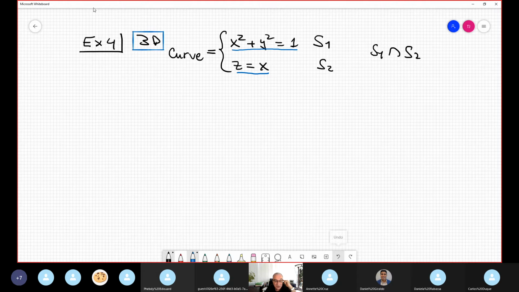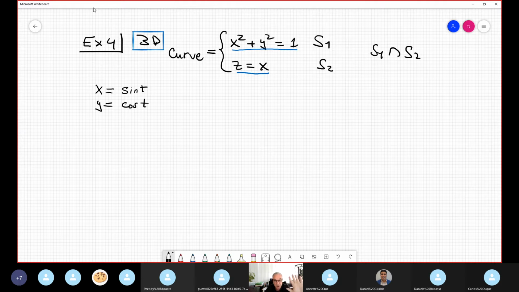Now parameterization of the curve. We use the same technique that we studied in the last class. For example, I define, why not, x equals sine t. I have radius 1 for this cylinder. I suppose that y is cosine t, or whatever you want in opposite, it's the same.